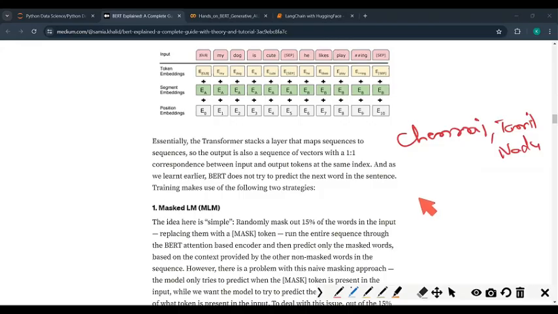But BERT has multiple encoders. There are 12 encoders or 24 encoders. So BERT will try to see a statement from multiple, different perspectives. It will see that if I separate the statement from here, whatever is before that is one statement and whatever is after that is another statement, does it make sense?